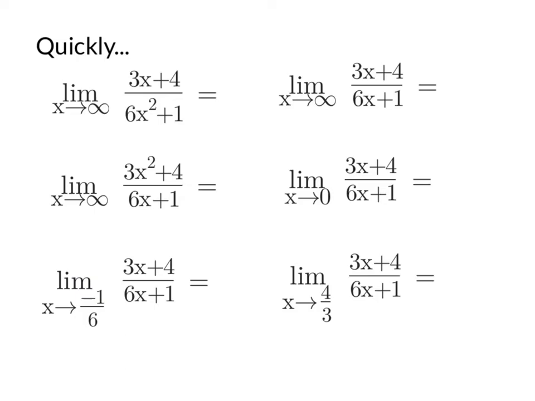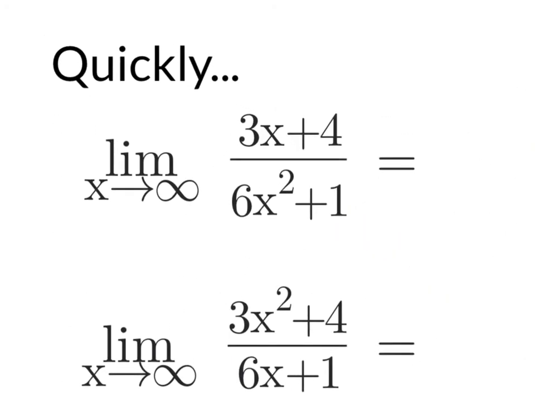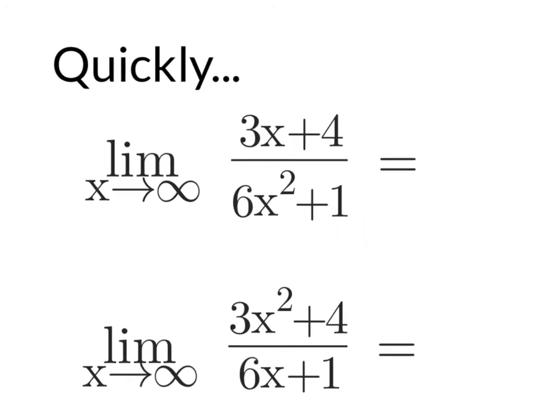Here I have a whole bunch of limits. Let's quickly go through all of them and evaluate their limits. Let's start with this limit. As x approaches infinity, of 3x plus 4 over 6x squared plus 1. It all comes down to the leading terms. The degree of the numerator is smaller than the degree of the denominator, so that limit is going to be 0.